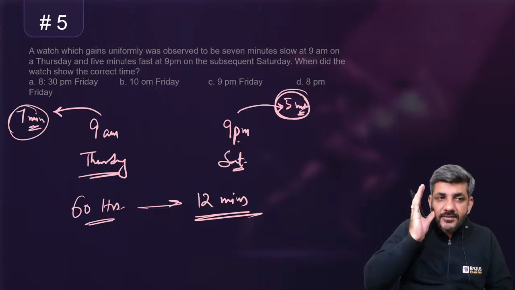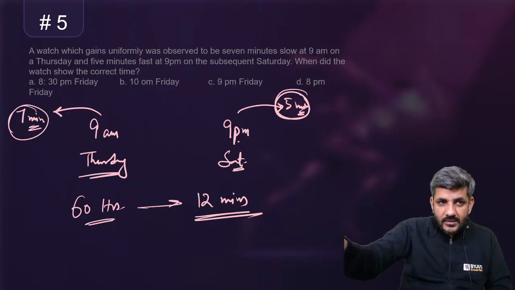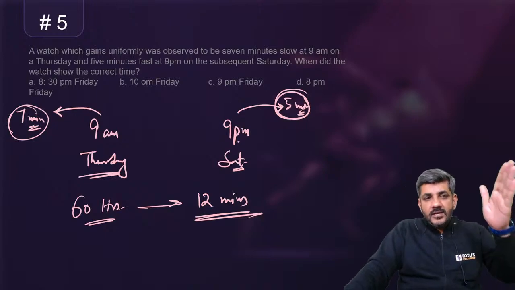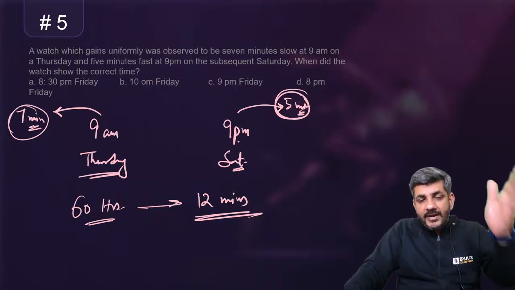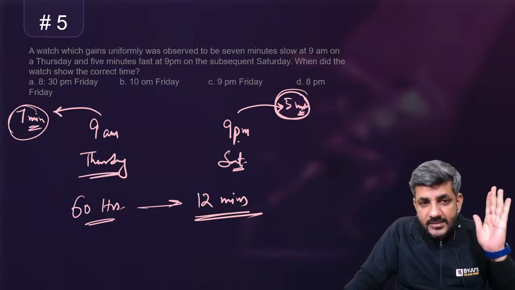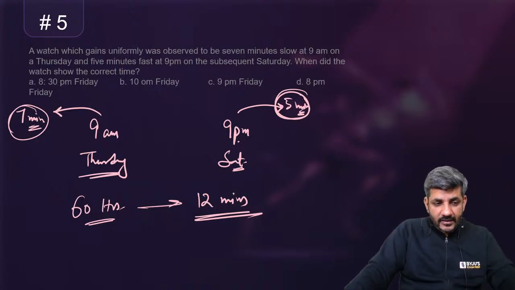So that means it has covered a total of 12 minutes. 9 a.m. Thursday to 9 a.m. Friday to 9 a.m. Saturday is 48 and 9 a.m. to 9 p.m. Saturday is 60. तो 60 hours में 12 minutes आगे निकल गई है.